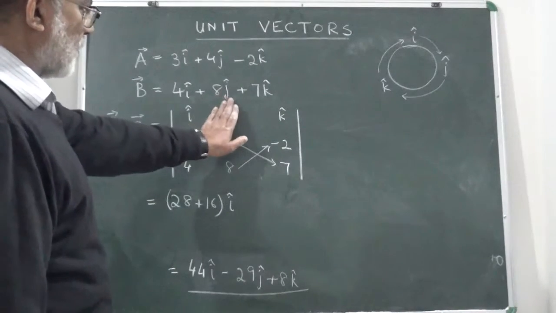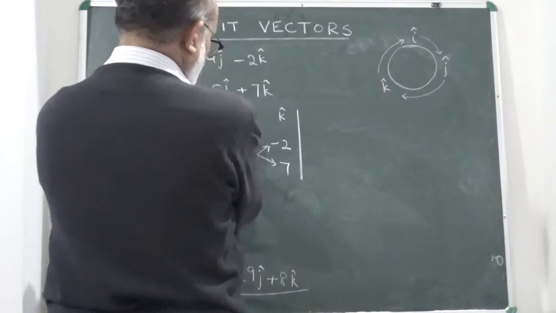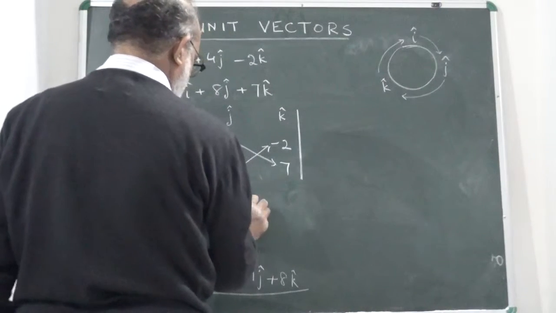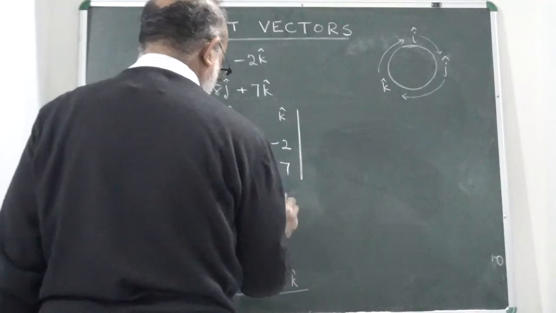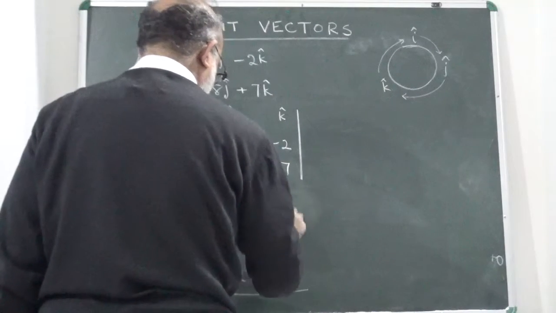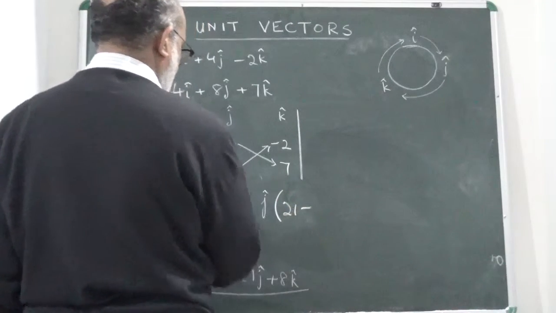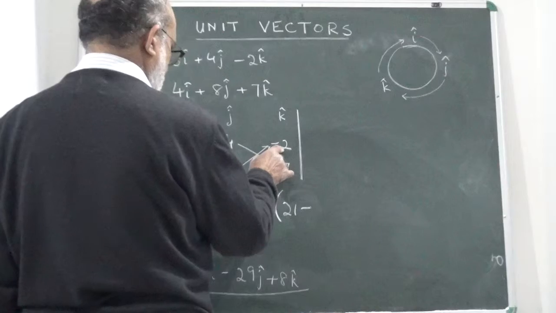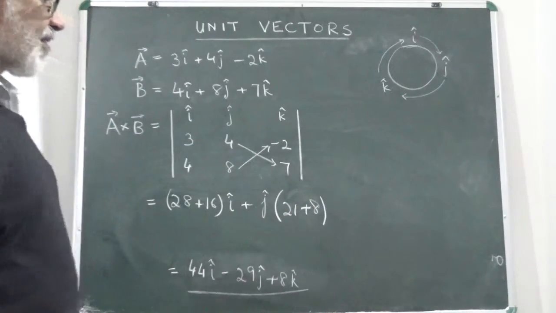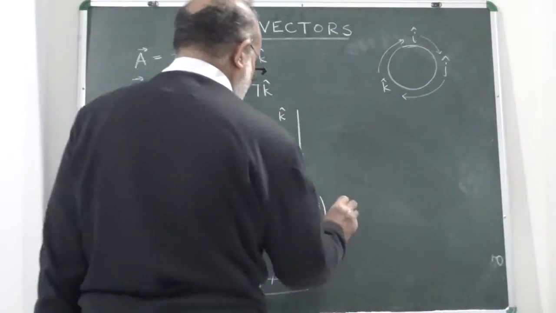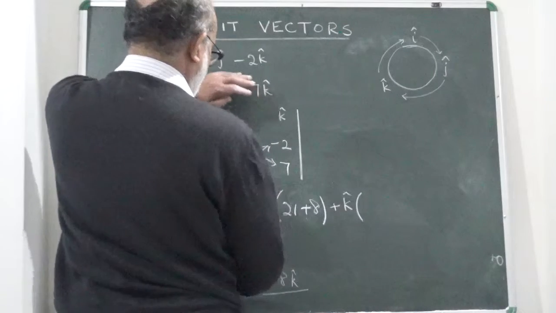Now if you are working for J, you hide the row and column of J. So 3 will multiply with 7. So it is J. It has 3 7s are 21, minus 4 into minus 2, minus, it is plus. And now K, the row and column of K is hidden.